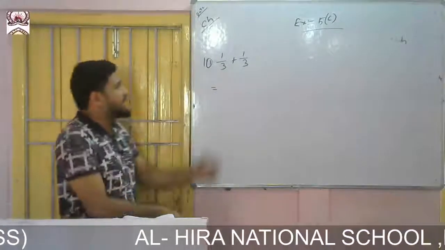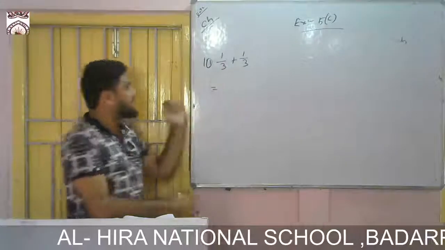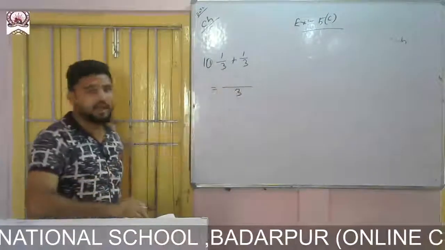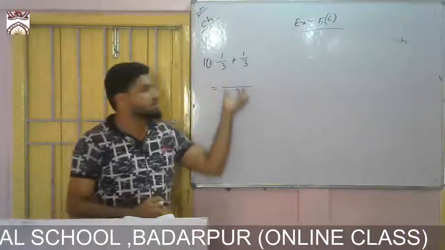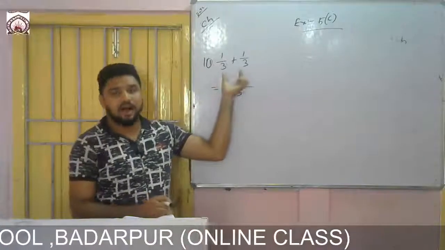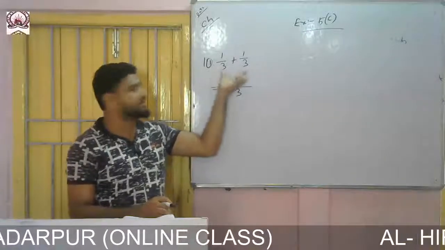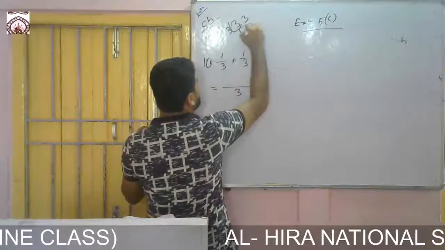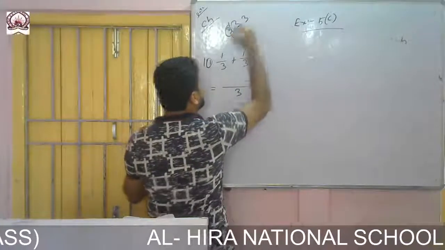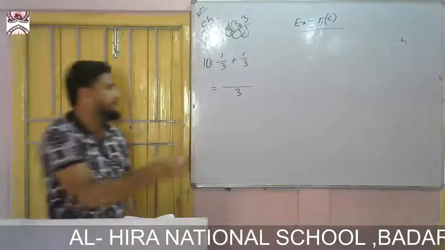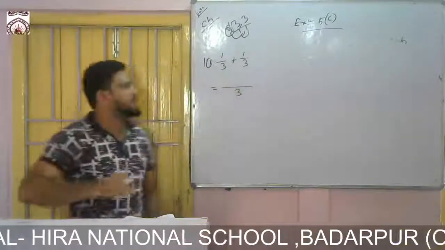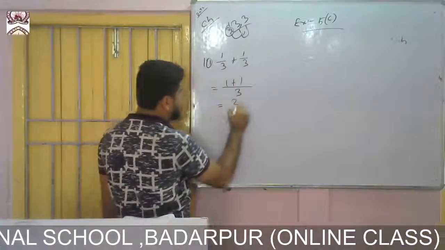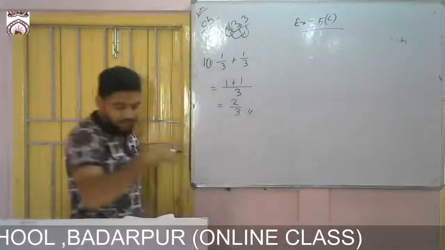One thing you remember: whenever both denominators are the same, the LCM will be either one of them. You take the LCM of 3 and 3, which is 3. So you take it directly. Then 3 1s are 3, 1, 3 1s are 3, 1. So it is 2 by 3.